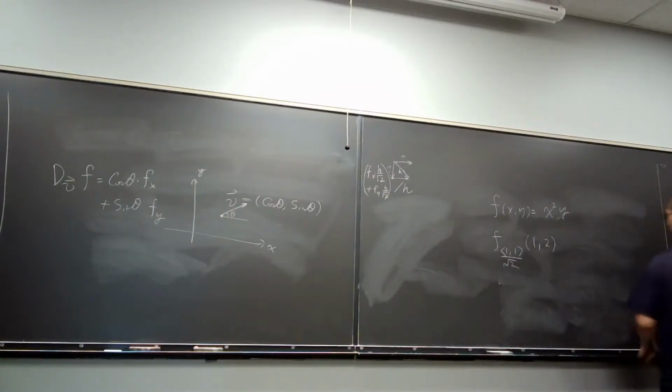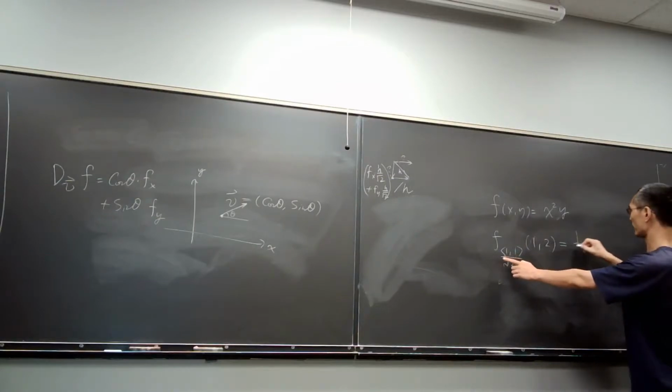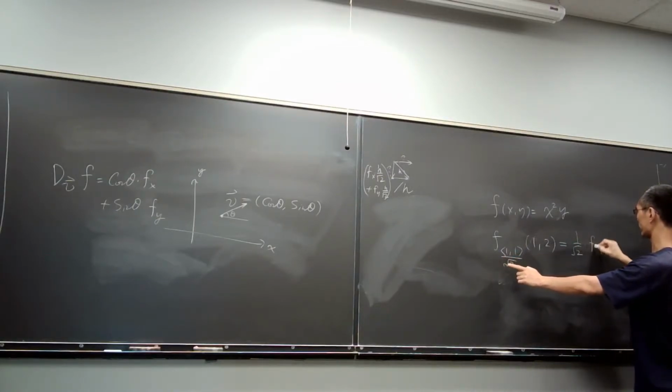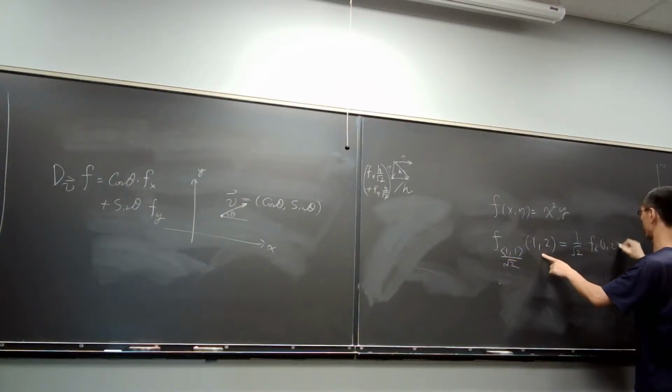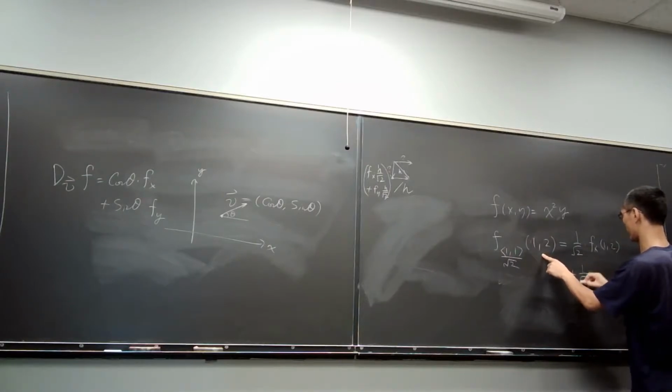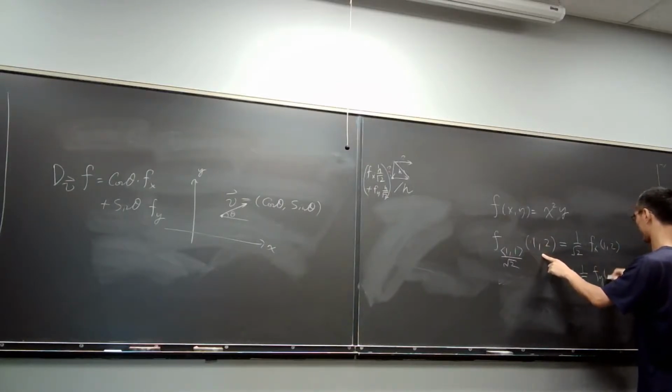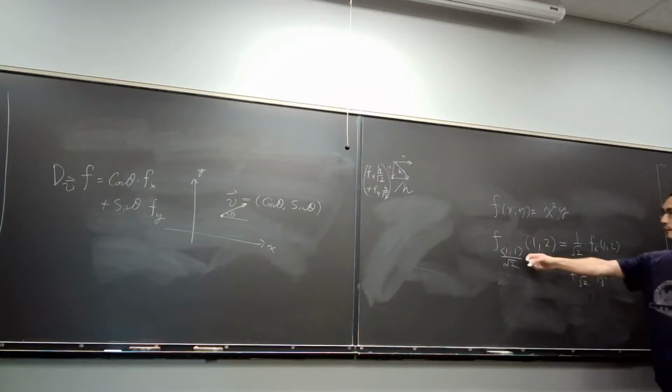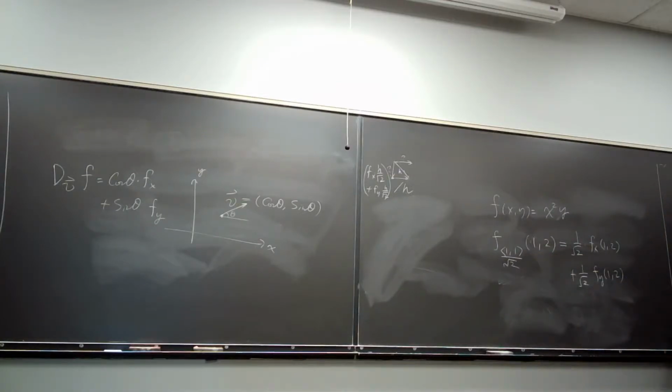Okay. Then, how do you find out the derivative along that direction? You have to write out the first component times fx evaluated at this point plus the y derivative times the y component of the vector.